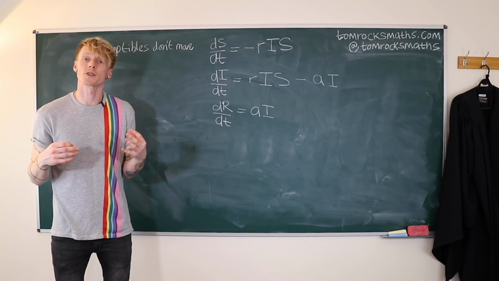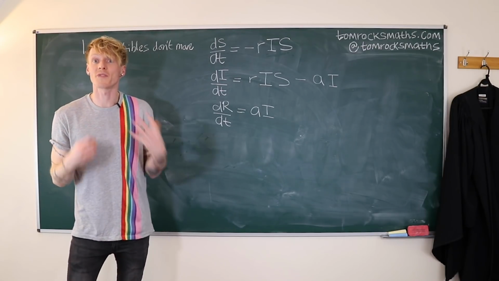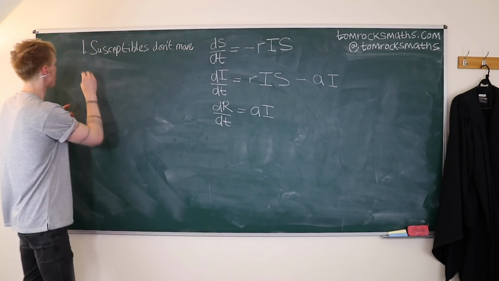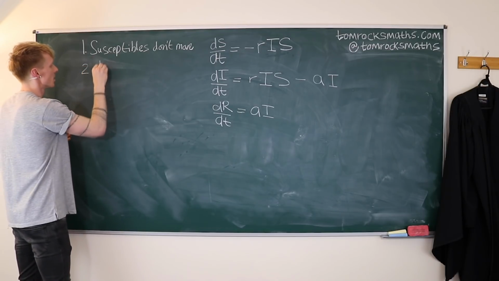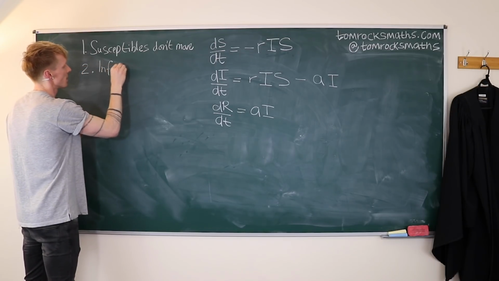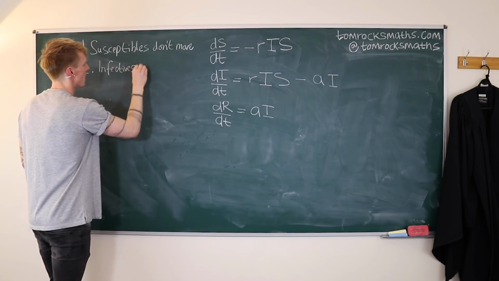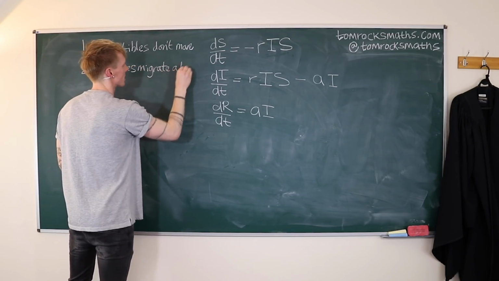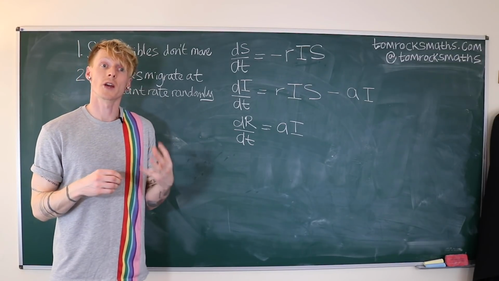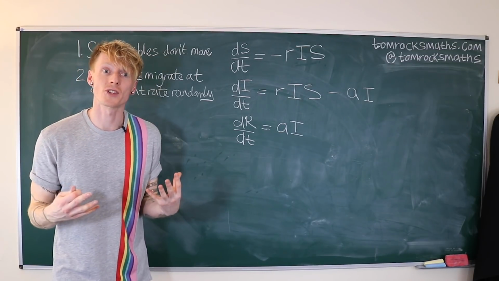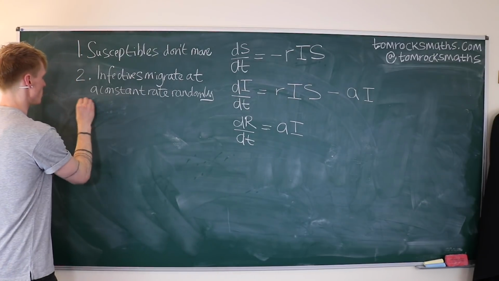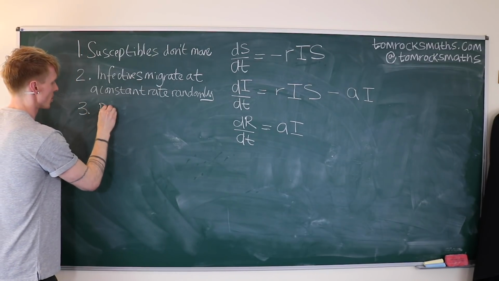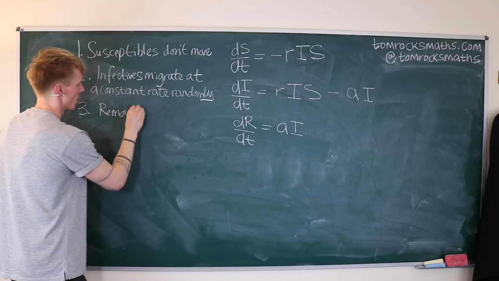The second assumption is going to be about the movement of the infectives. So people that are infective are indeed going to move. And we're going to say that the infectives migrate at a constant rate. The third and final assumption is going to be about the removed population. And again, we say that once you're in the removed population, you again don't move.